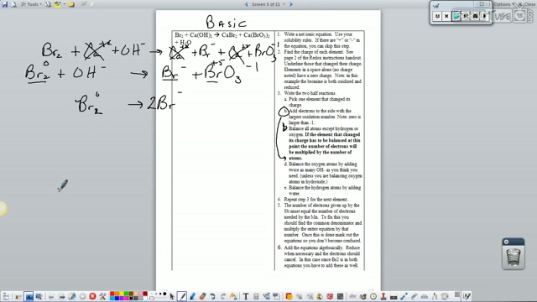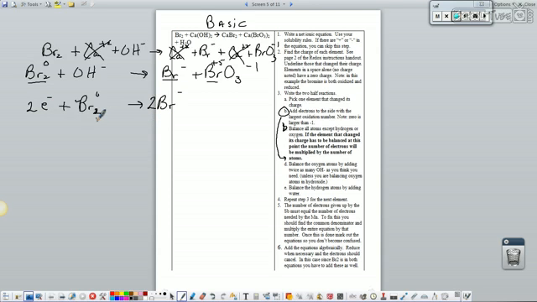Now we want to add electrons to the side that has the largest oxidation number, which 0 is larger than -1. And I have 2 times 0 is equal to 2 times -1. So that's -2. So I have to add 2 electrons because I have 2 atoms and each one of them needs to gain an electron.